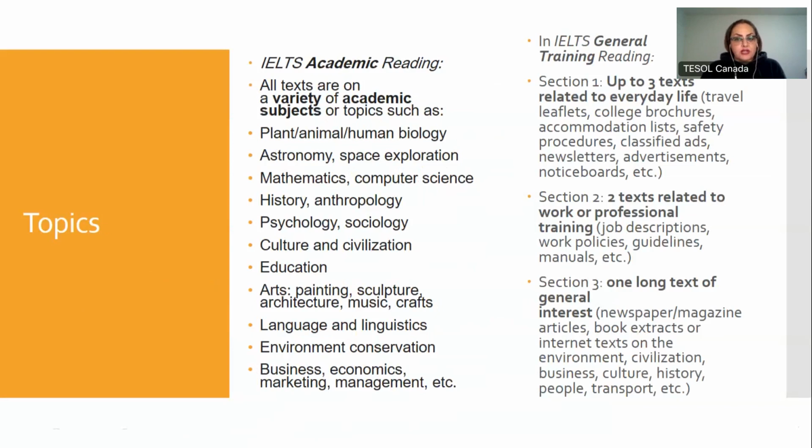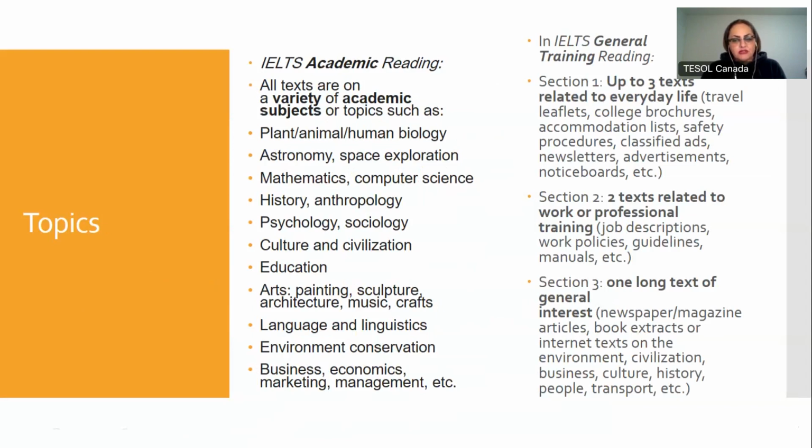In IELTS general training, section 1, which is up to 3 texts, relates to everyday life, like travel leaflets, brochures, college brochures, safety procedures, ads, newsletters, and notice boards. Section 2 relates to work or professional training, like job descriptions, work policies, guidelines, manuals.